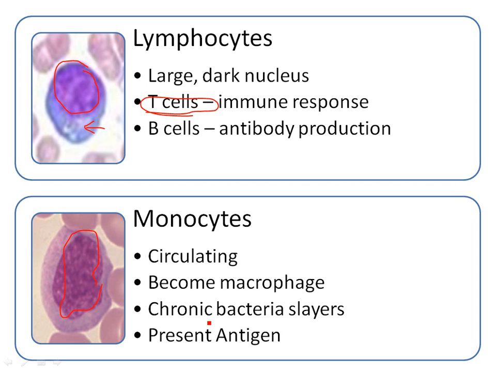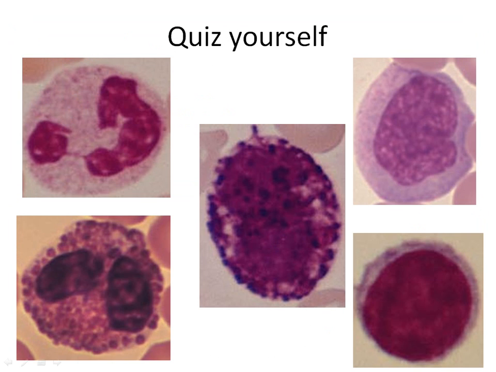Well, for now, presenting an antigen is a way of notifying all these T and B cells up here that an infection is taking place. Only macrophage can do that. So you should take a second, pause the slide, see if you can identify each of these 5 leukocytes.